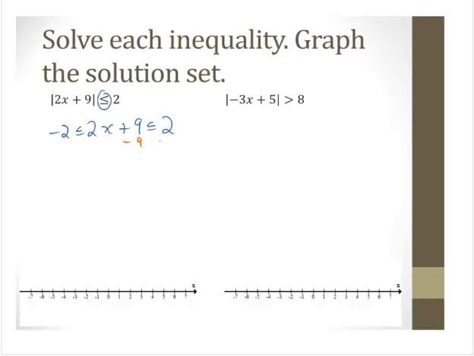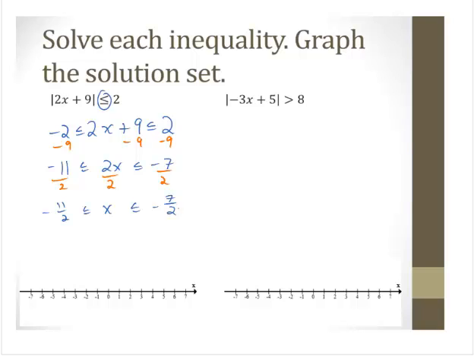I'll subtract 9 from all parts. So then -11 is less than or equal to 2x is less than or equal to -7. And I'll divide all parts by 2. So then -11 halves is less than or equal to x is less than or equal to -7 halves.